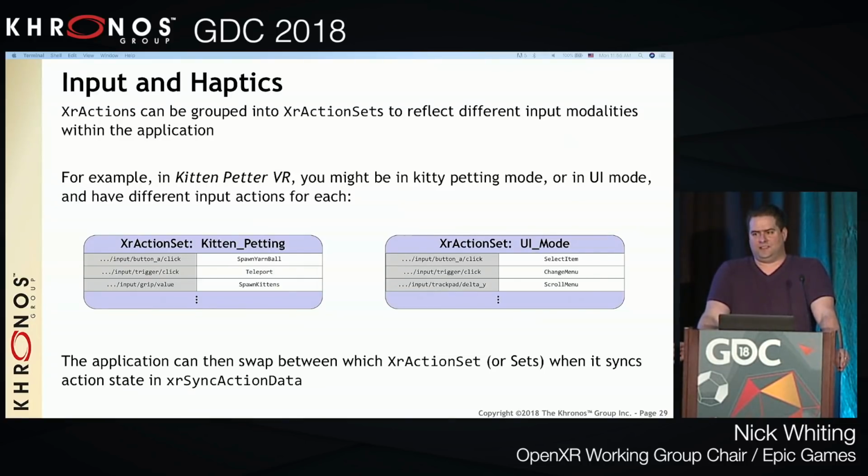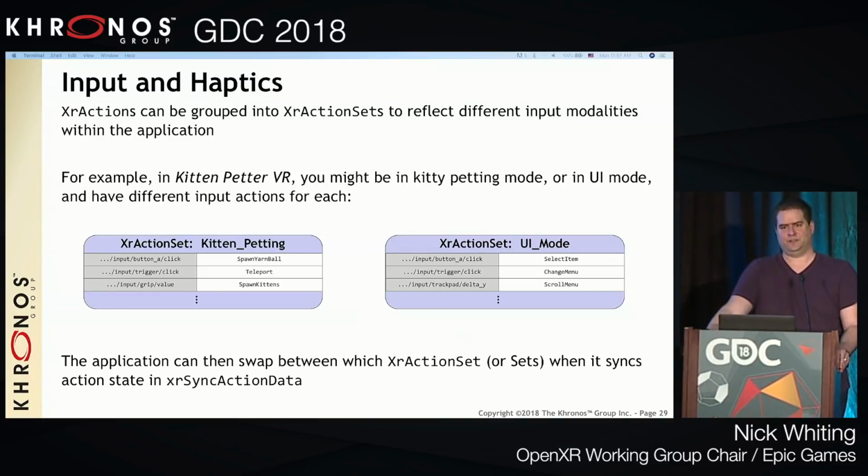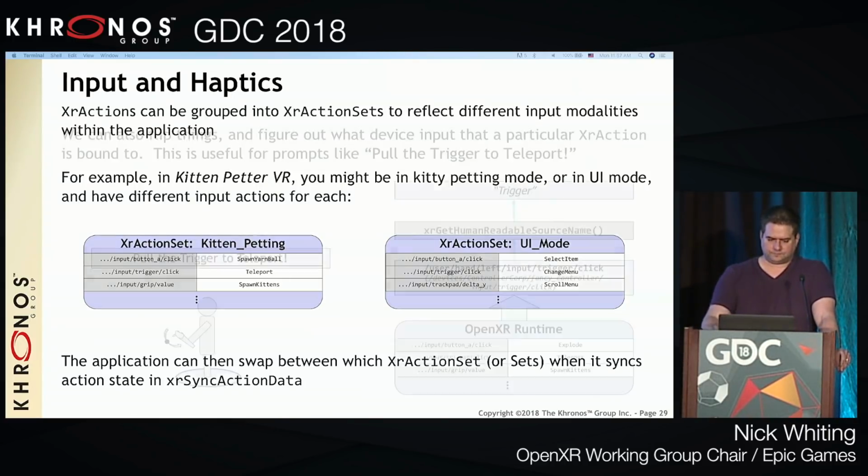But also, if you're in the UI for that application, you don't want to be able to spawn kittens potentially or spawn yarn balls. You want to be able to select items, change the menus, and scroll through the menus. And that's why you can have an entirely different action set that's devoted to UI mode. Again, these are optional things, but the more robustly that applications can define their action sets, the better that people can integrate new types of hardware and future-proof their applications towards devices that come down the road.